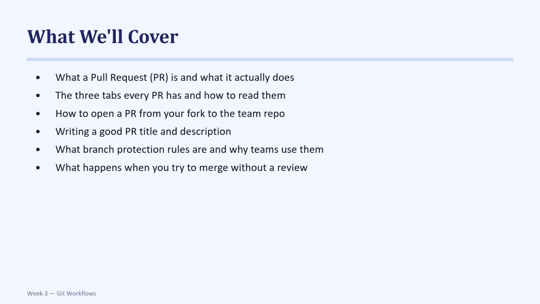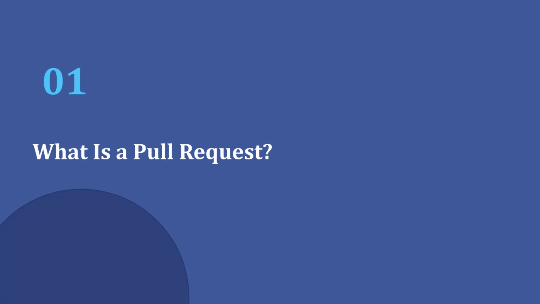What makes a good pull request in terms of title and description, and then we're going to talk a little bit about branch protection rules, why teams use them, and how that can affect your pull request's ability to be merged in.